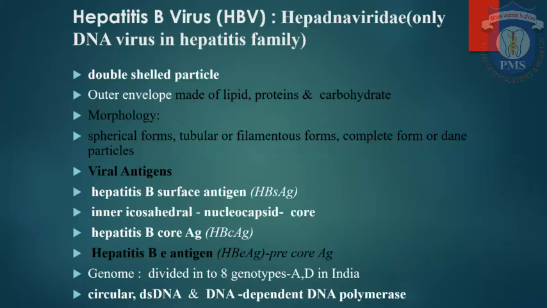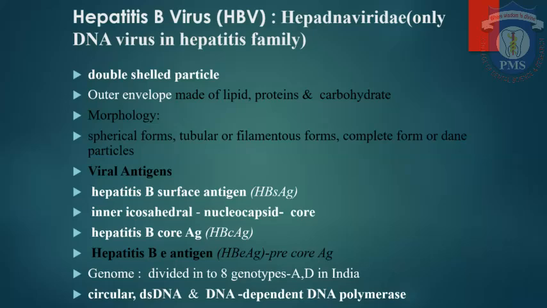What are the antigens present in this hepatitis B virus? Otherwise, viral antigens. The first antigen is hepatitis B surface antigen, which is denoted as HBsAg. The next antigen is hepatitis B core antigen, denoted as HBcAg. Next is hepatitis B precore antigen, denoted as HBeAg.